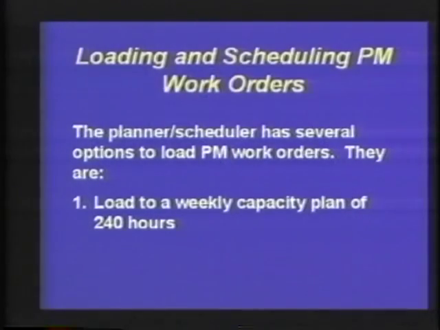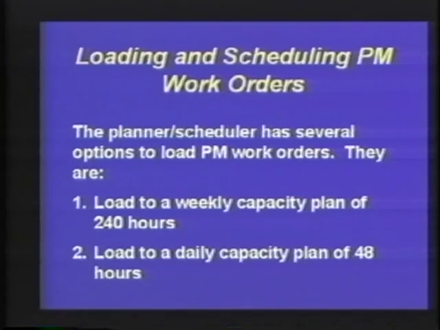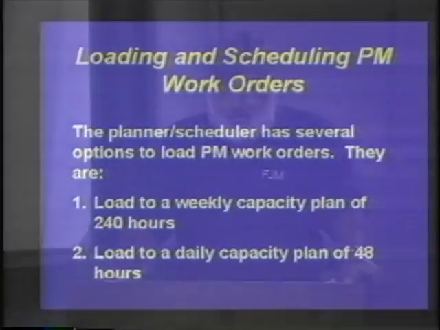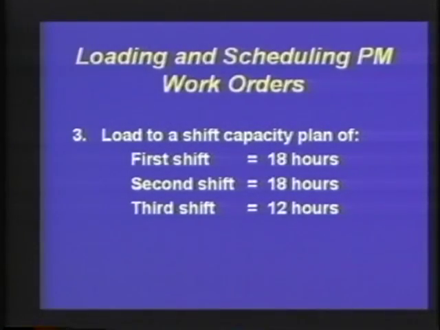Step number 1 on the top of page 32A indicates that we're going to have a weekly capacity plan of 240 hours. So that's what we're going to load to. If we look at a daily plan, we're going to have 48 hours of capacity. The capacity plan, in this case, requires a 3-shift capacity plan. So step number 3 indicates the capacity available, by craft person, on the first, the second, and the third shift.